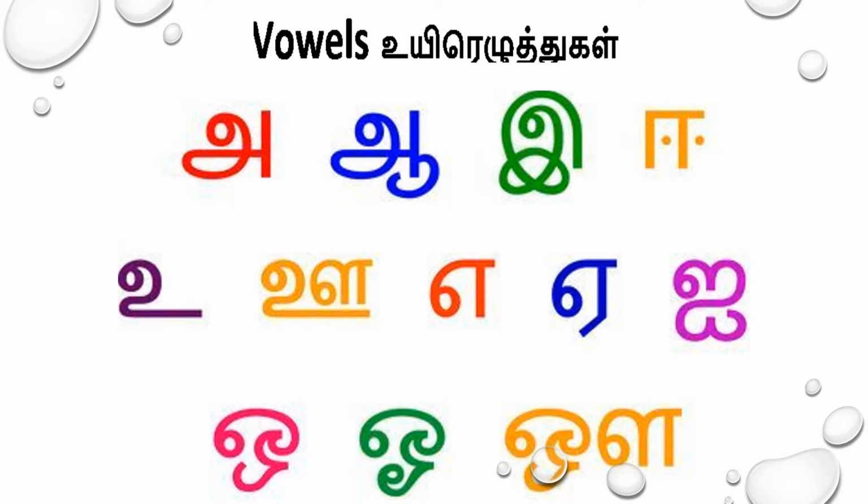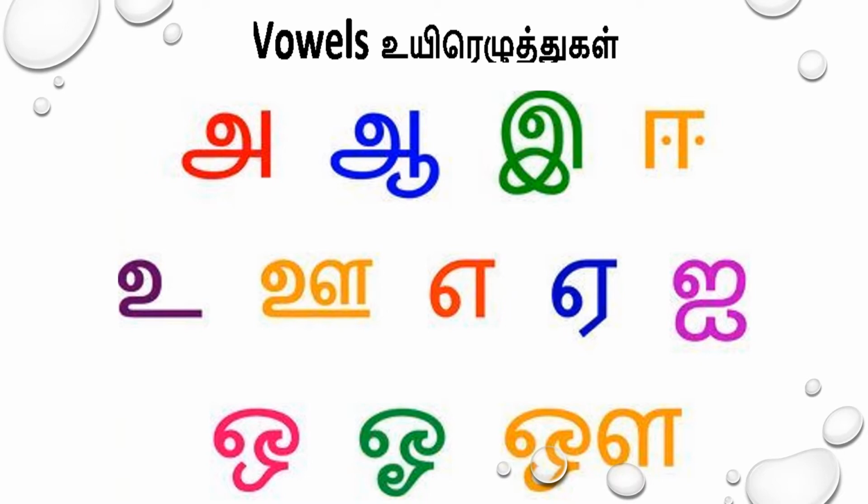In each set, the first one is shorter and the second one is longer. If you go back to the first alphabet, it's A, and the second is A. Similarly, E, E, U, U, A, A.